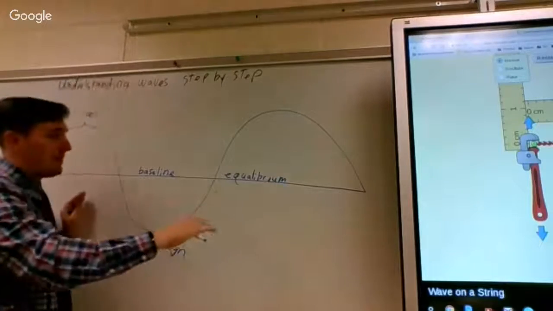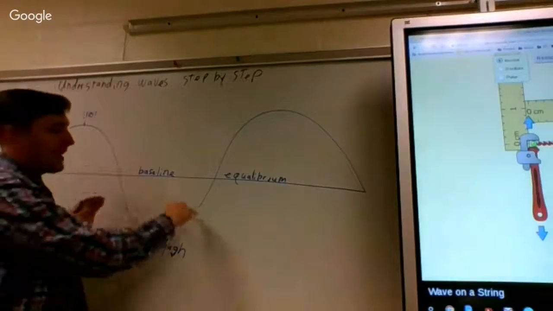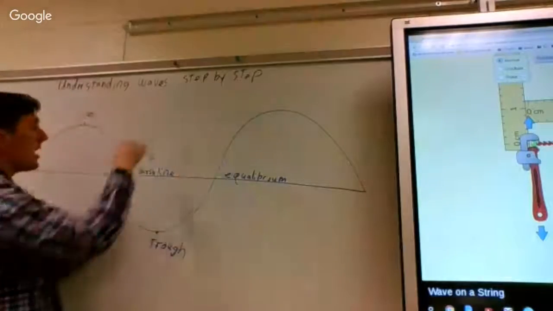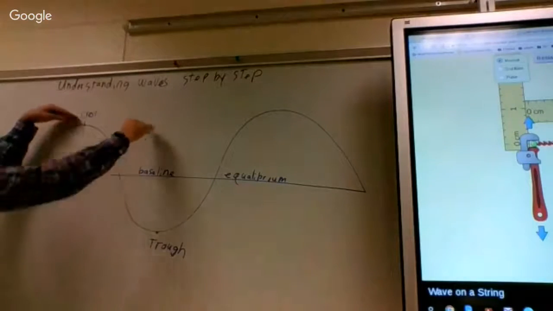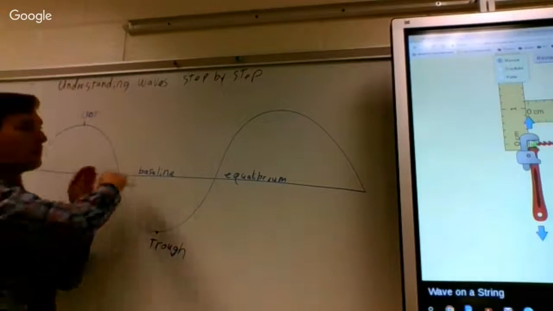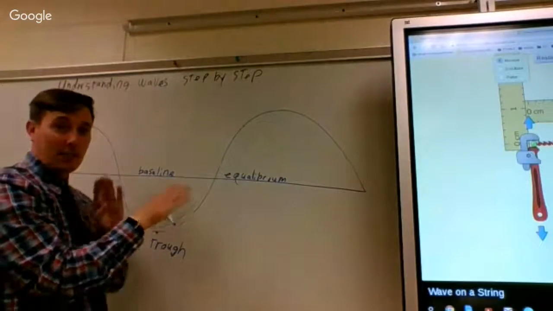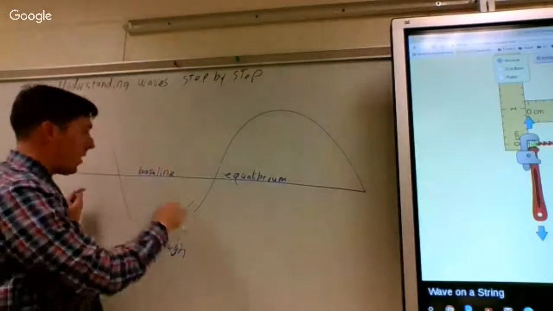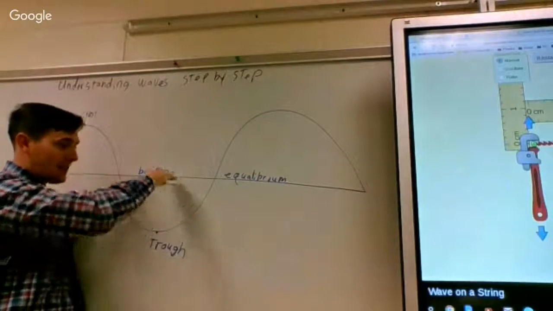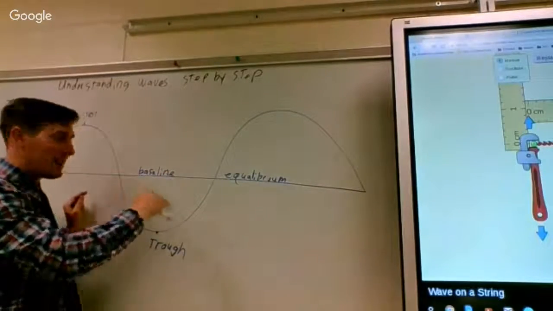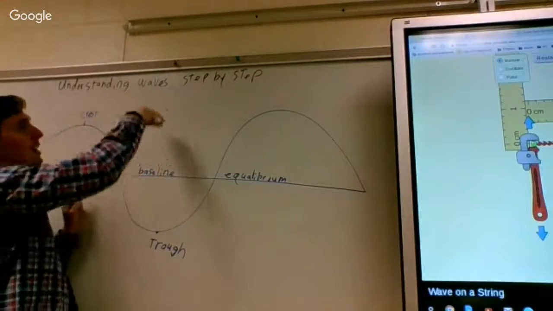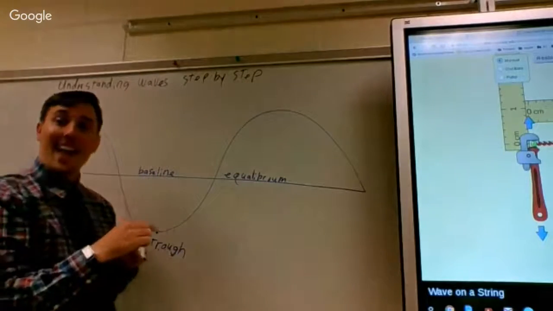All right, and then if you're going from the baseline or the equilibrium to the crest, just vertically right here, or from the equilibrium baseline to the trough, that's the same distance on a wave, usually in perfect magic physics land, where the baseline down to the lowest point will be the same height as from the equilibrium baseline to the highest point, and that's called the amplitude.